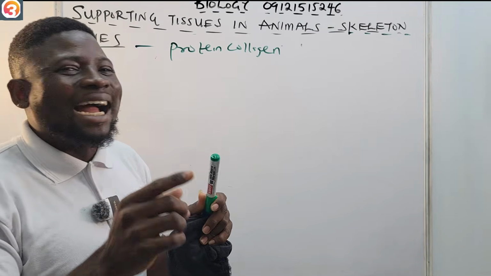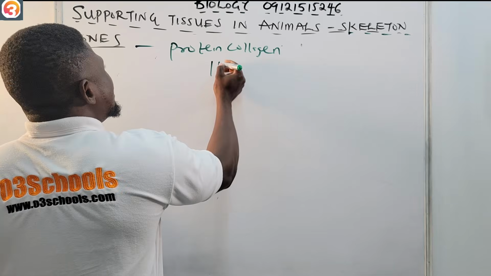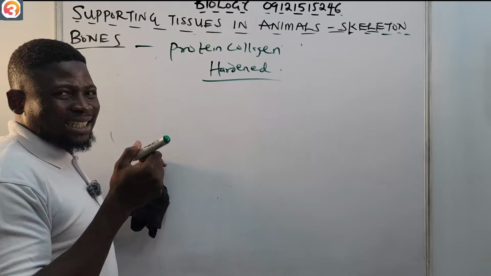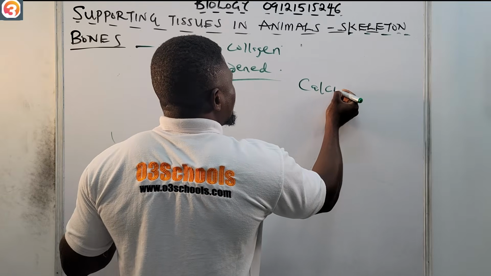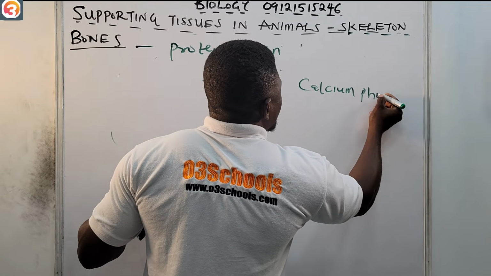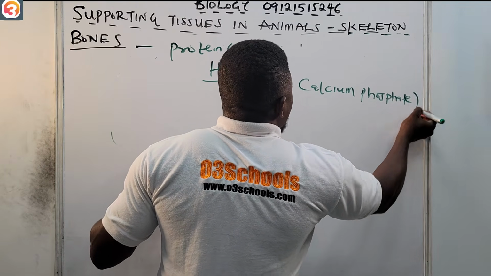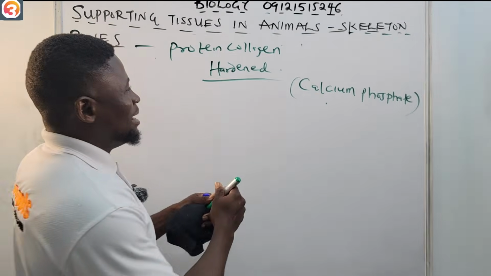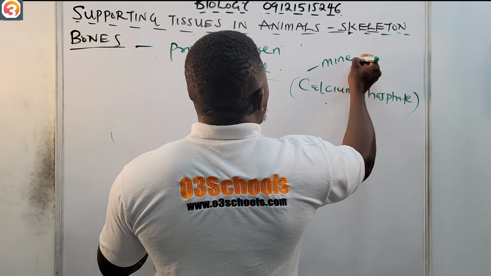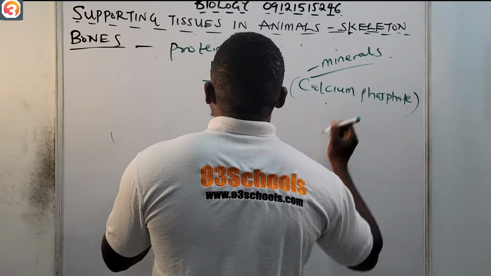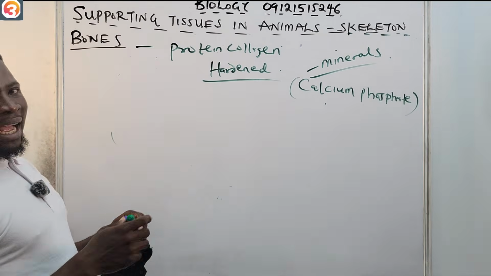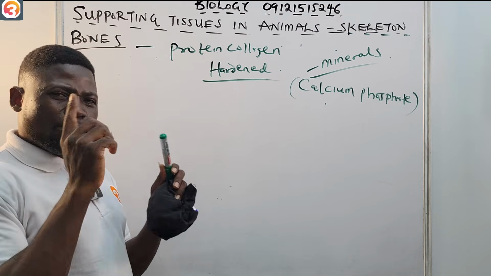And bones are also hardened by minerals called calcium phosphate. These are minerals, not your Coke and Fanta. Bones are hardened by minerals called calcium phosphate.